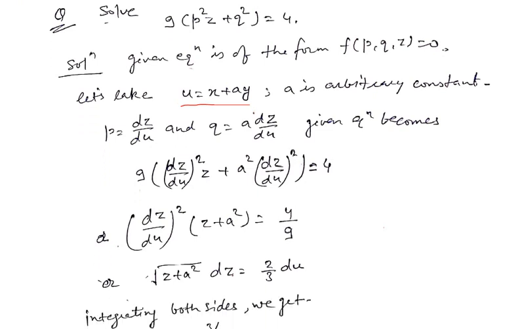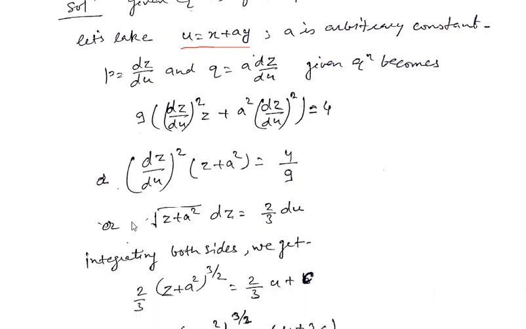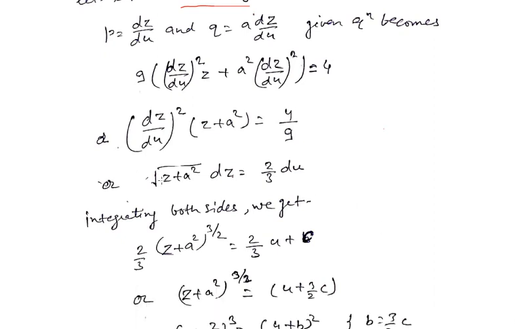Or we can rewrite it as, taking square root both sides, dz/du times the square root of (z + a²) equals 2/3, and after that we can rewrite it as √(z + a²) dz = (2/3) du. Now we will integrate both sides.